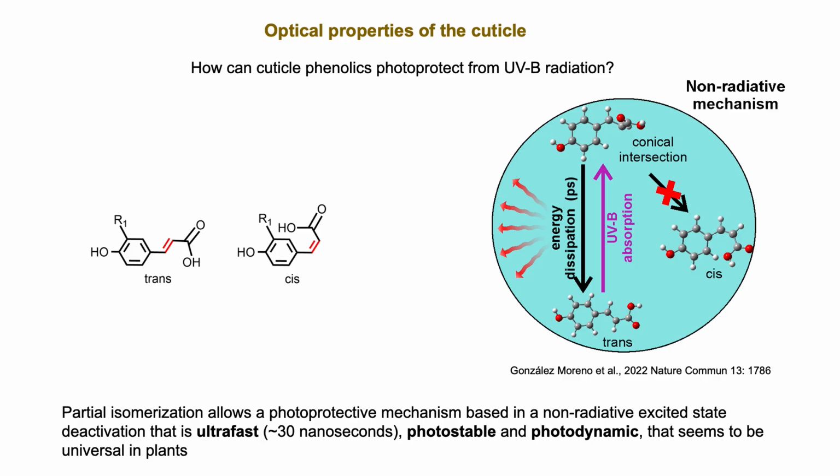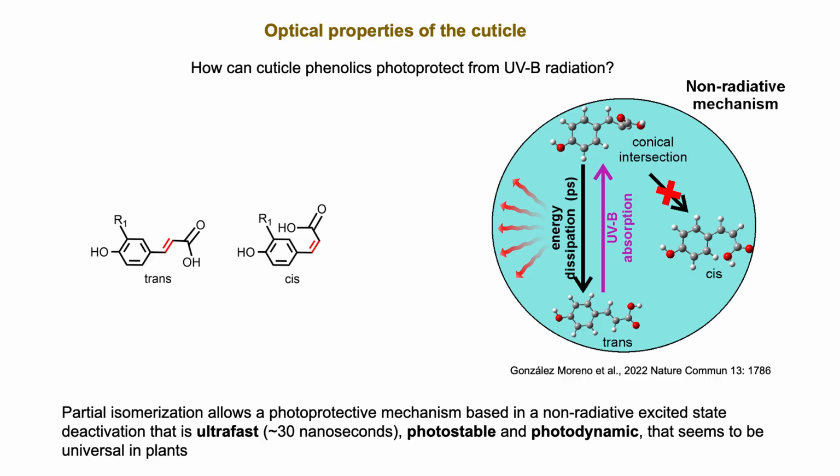That gives an extraordinarily fast, here we describe it as an ultra-fast process that is photostable and photodynamic. What do we mean by that? What we mean is that this movement can be done 100 million times per second, so it's ridiculously fast. It's a very effective photoprotective mechanism.